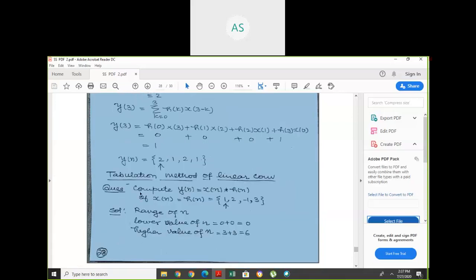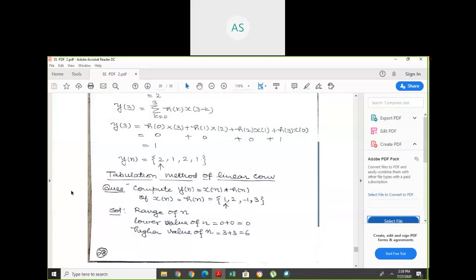Then the next method is the tabulation method of linear convolution. y of n is x of n convolution h of n. If x of n and h of n are given by this, first find out the range: 0 plus 0 is 0 and 3 plus 3 is 6.